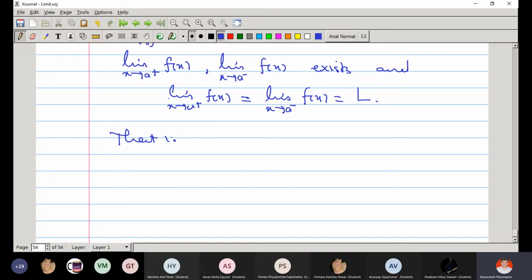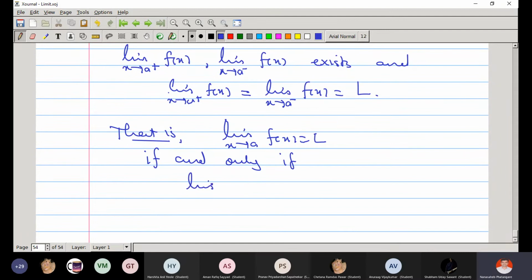That is, alternatively, limit x tends to a of f(x) is equal to L if and only if limit x tends to a plus f(x) is L and limit x tends to a minus f(x) is also L. So when we declare that L is a limit, the right hand limit and left hand limits are equal, right?